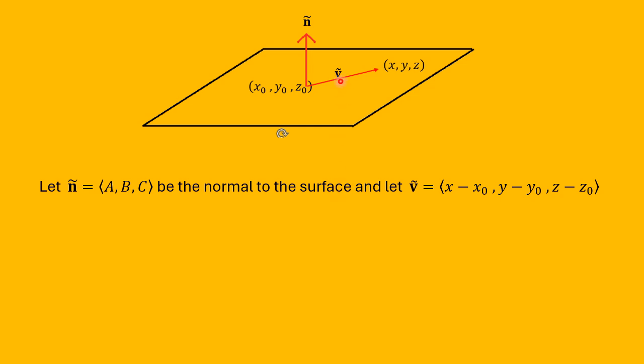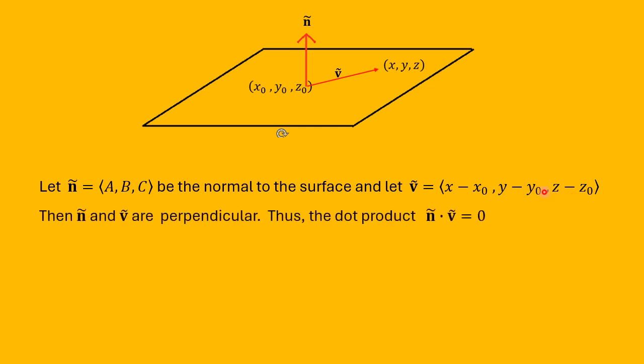And let's let v be the vector going from x0, y0, z0 to this point x, y, z. So the components of that vector are x minus x0, y minus y0, z minus z0. In that case, the vector n and this vector v are perpendicular.